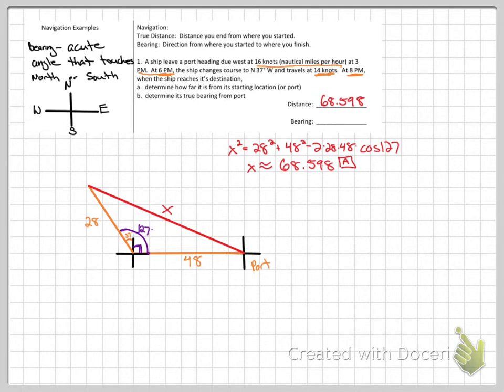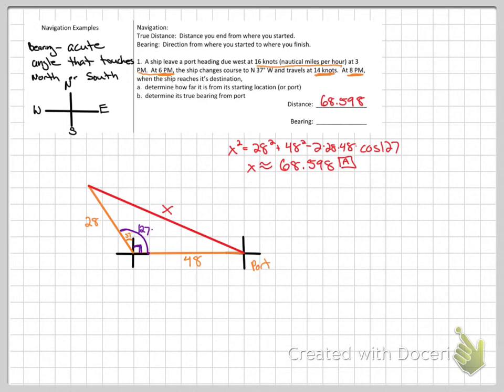Okay, now we need to worry about bearing. For bearing, a bearing either touches north or south, and it has to be the acute angle. You can't always go by your picture, but because this one was due west, it's pretty likely that our picture is correct.